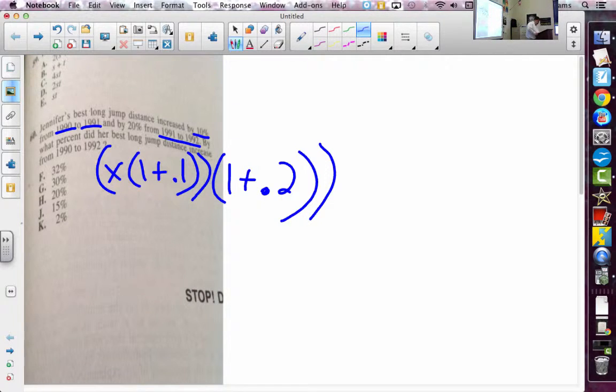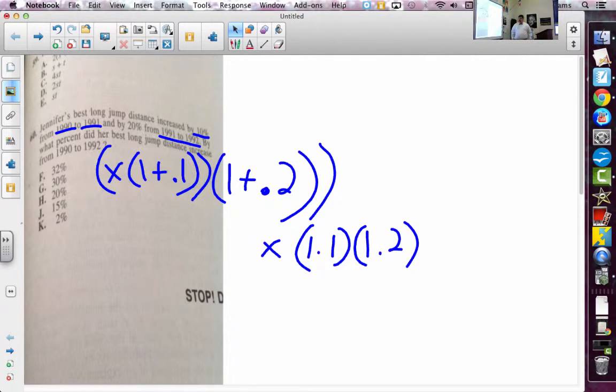Now, if you multiply that through, you really have 1.1. So you have x times 1.1 times 1.2, right?